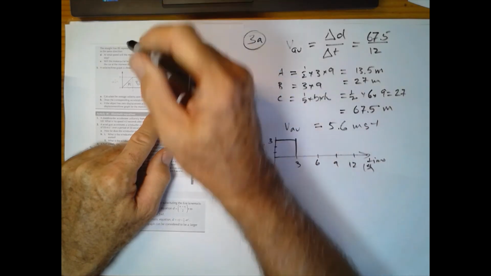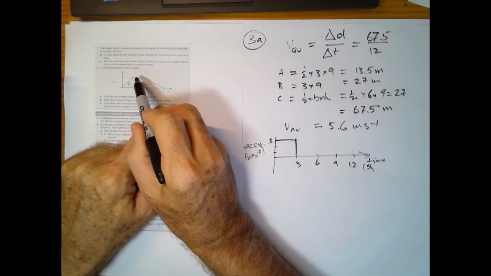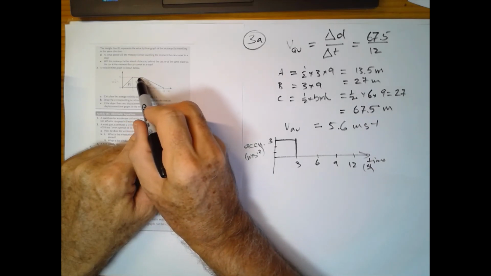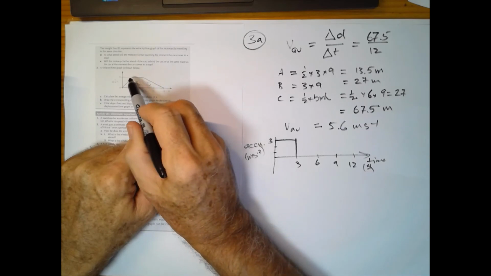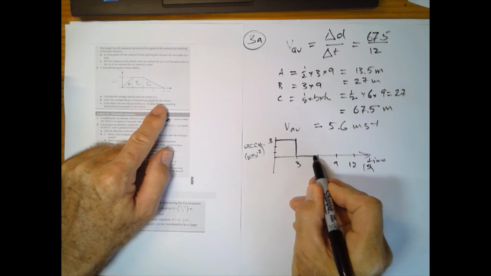Then for the next 3 seconds, from 3 to 6, the velocity is not changing, the slope is 0, so the acceleration from 3 to 6 seconds is 0.